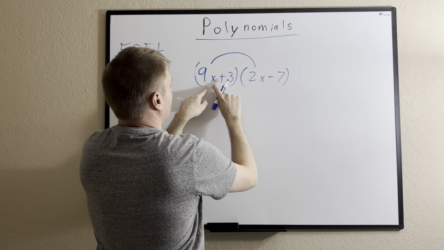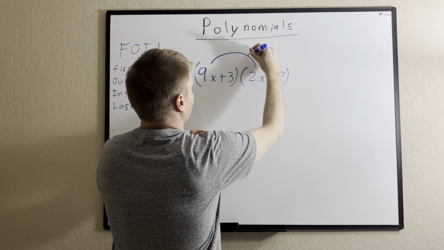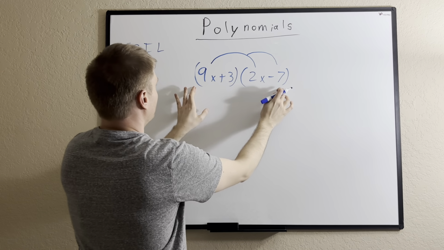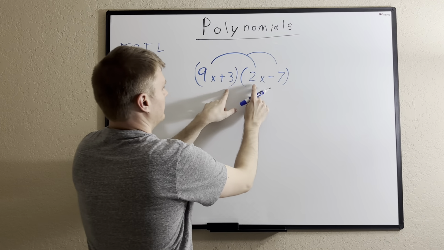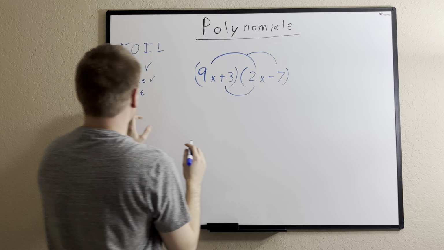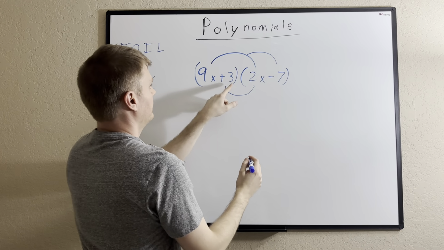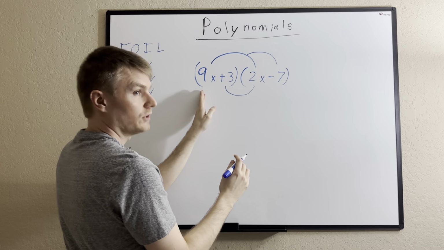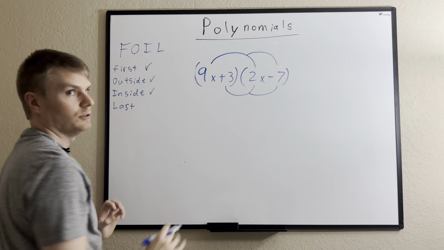Outside. So these are the inside terms, these are the outside terms. So we're multiplying those two terms as well. Okay, inside. These are the inside terms, multiply those two together, and the last term. Last two terms. This is the last term in the first binomial, and this is the last term in the second binomial, multiplying those together.